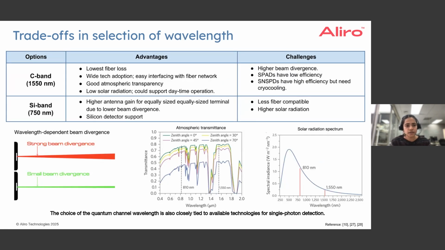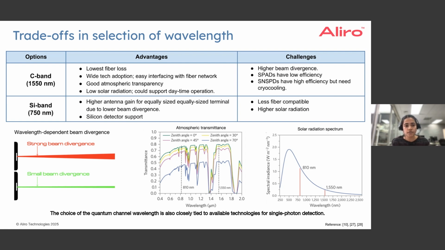Let's next dive into the important metric, wavelength, which we have to consider when it comes to optical beams, and what is the wavelength band we want to be operating at. Is it the telecommunication band, also known as the C band? Here we're specifically talking about the 1550 nanometer band, where we already have fiber optic networks that are in place.